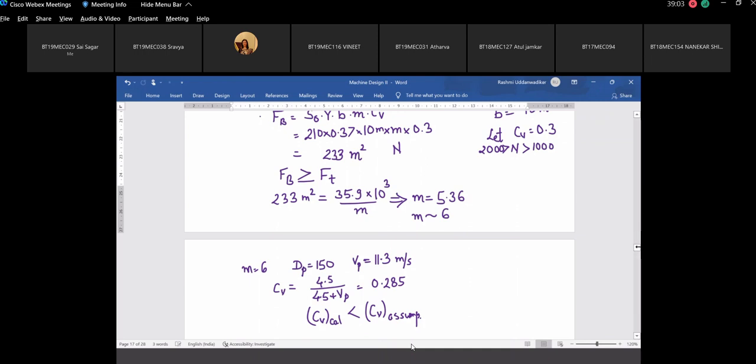What is the meaning of this? If you understand what CV is, then you understand the meaning of this. Anyone please? 0.3 is better.